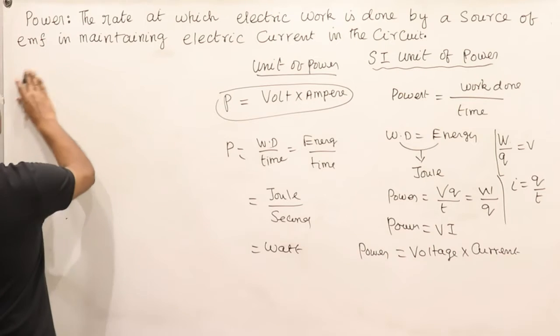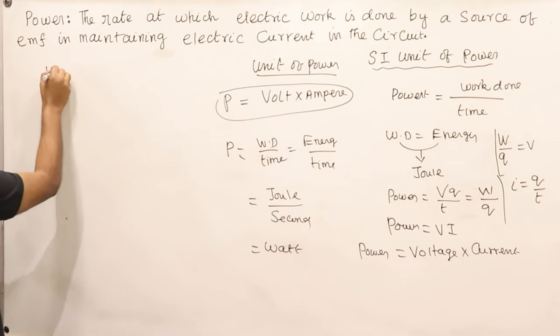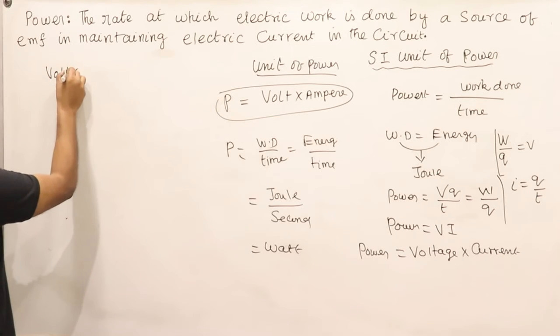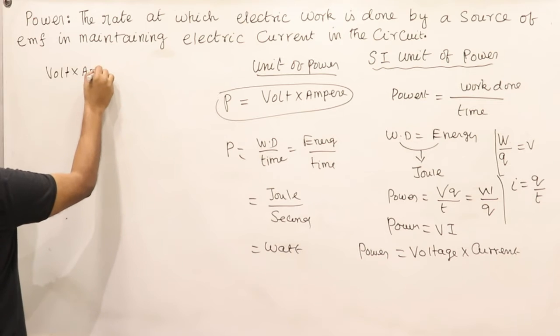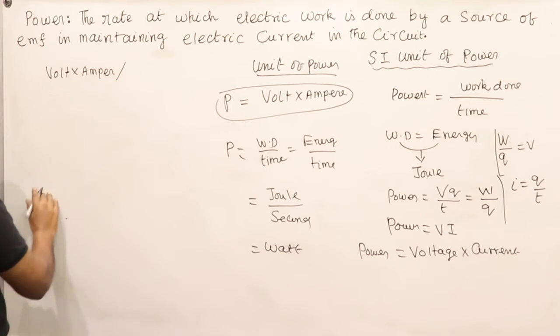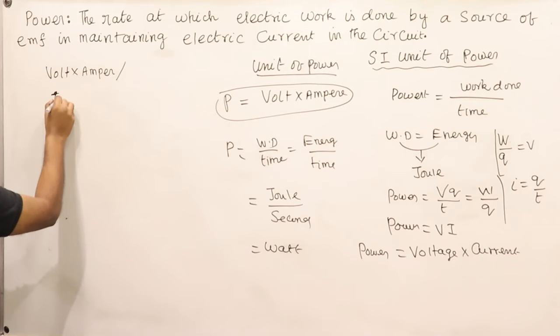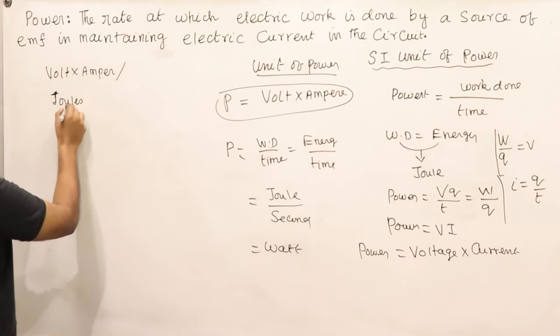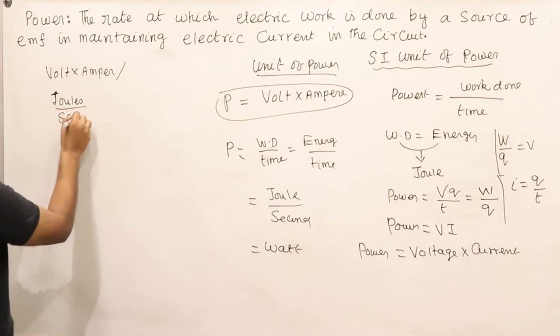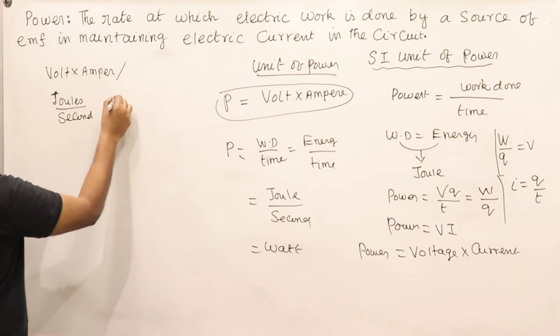That means the unit of power can be written as volt into ampere, otherwise also joule per second, which we call a watt.